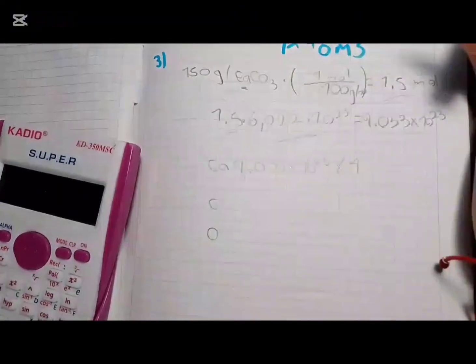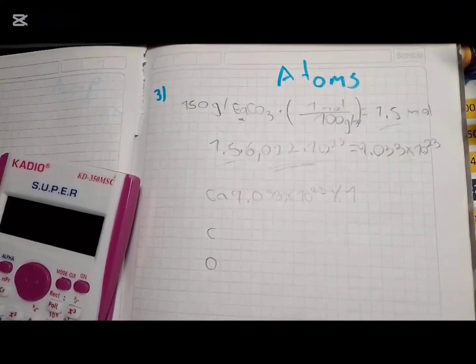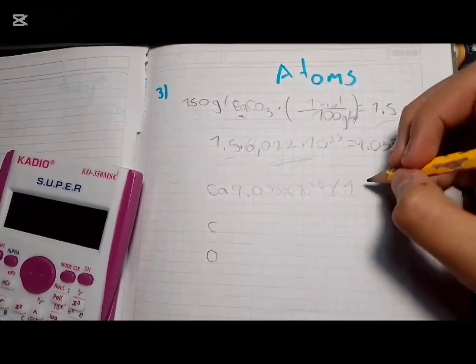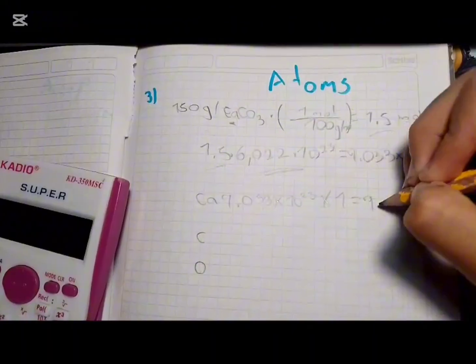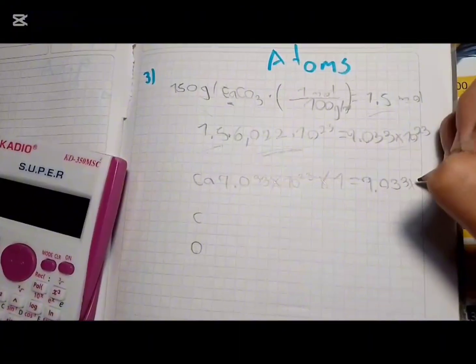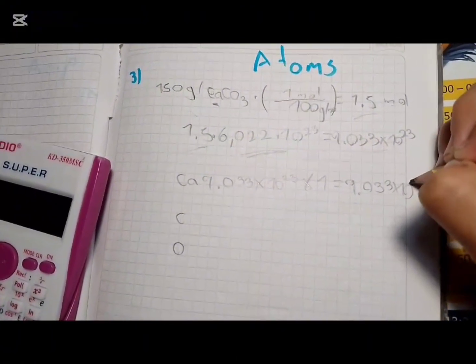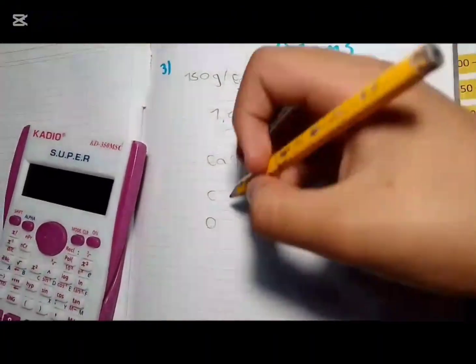Because I have only one calcium in the formula of calcium carbonate, I put 1, and it's the same number. Next, the carbon.